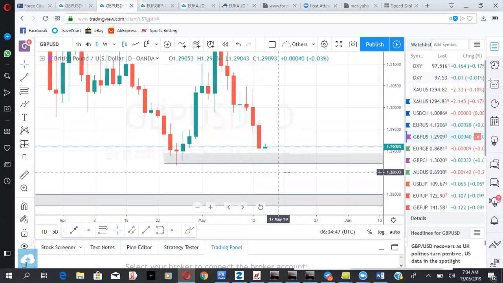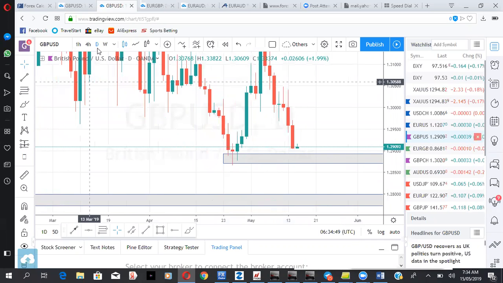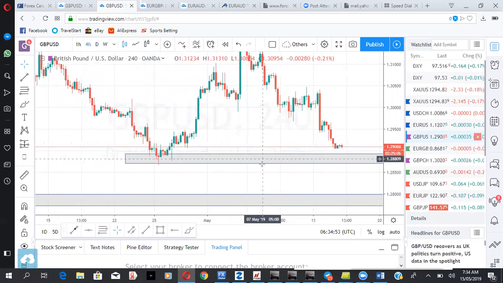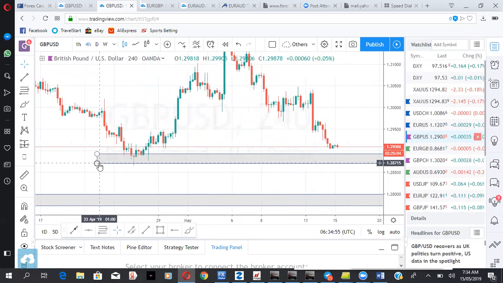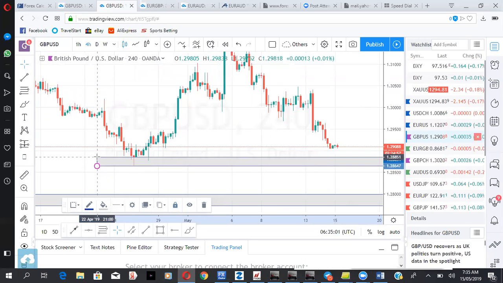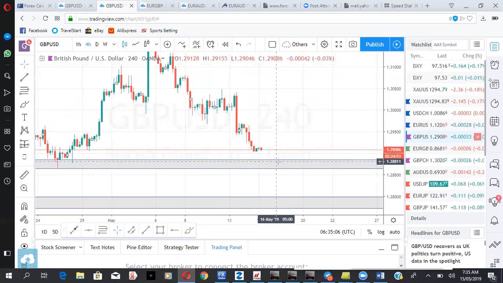So the next level on this pair is coming in at this area. Let me address this a bit. And also, the next line of defense is coming in here.